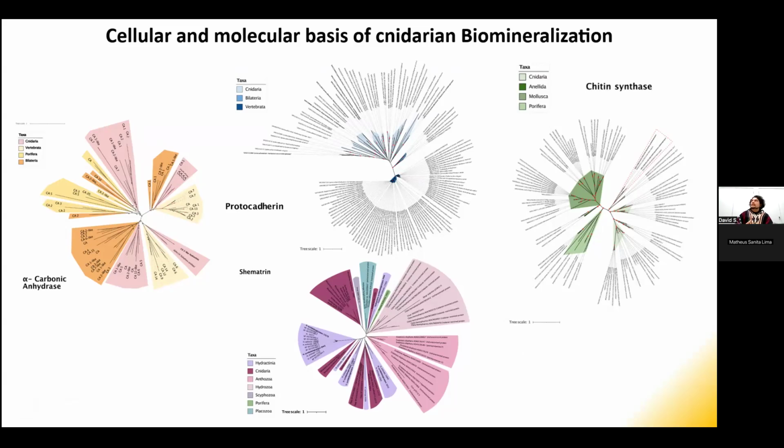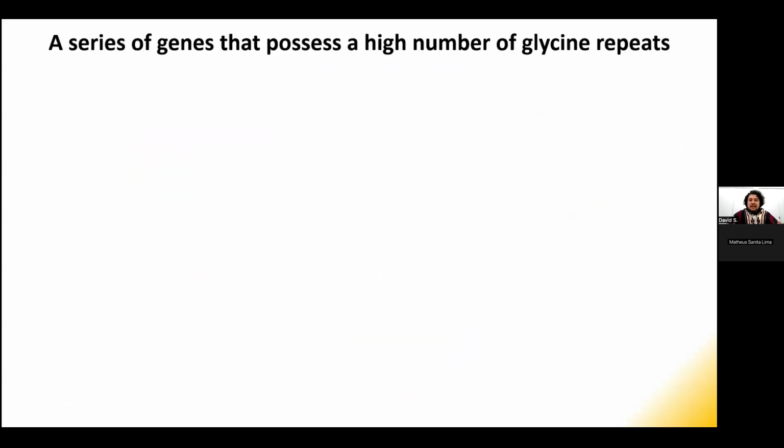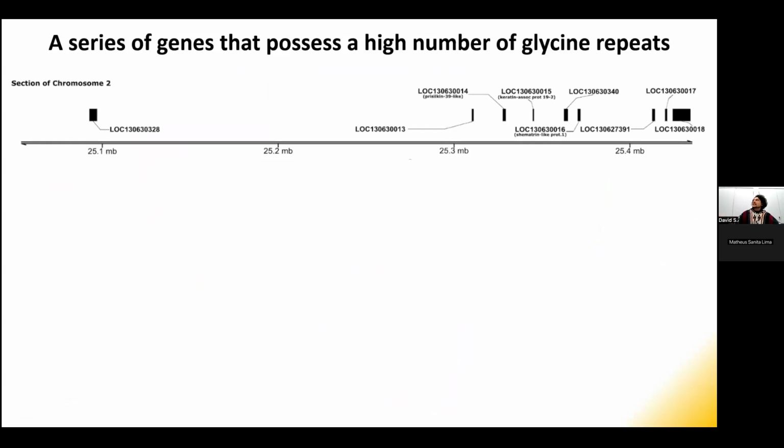No, not unique. They are a characteristic. But further, when we see the organization of the pre-silkin genes and the shematrin genes, they are very close to each other in the same section of the chromosome.